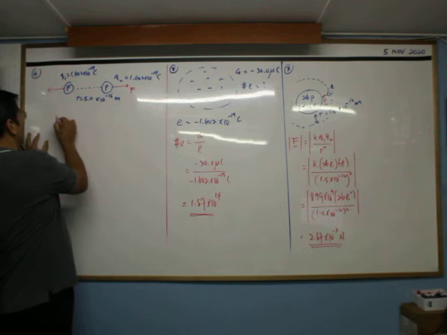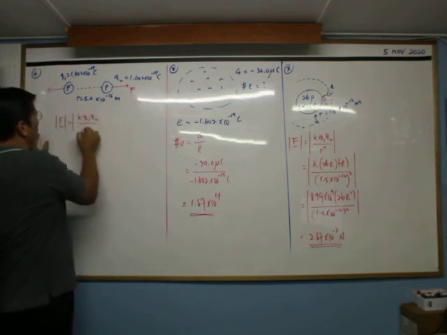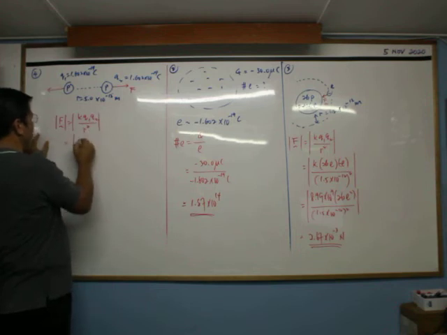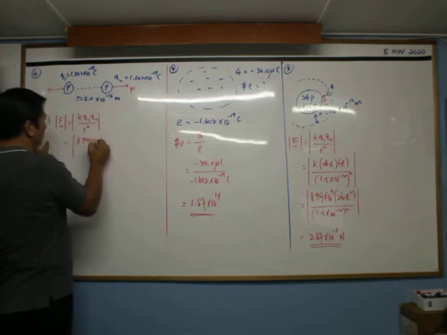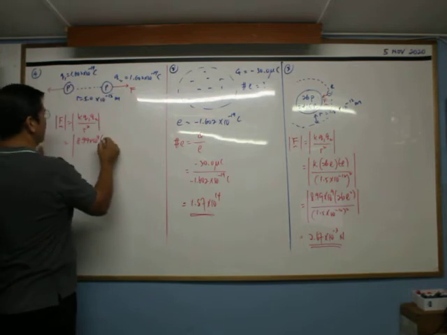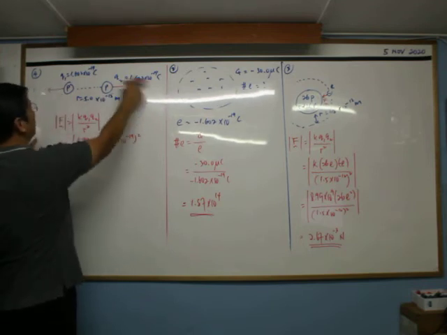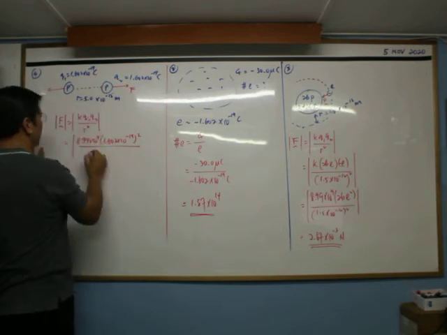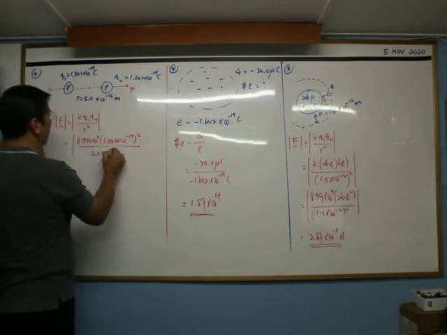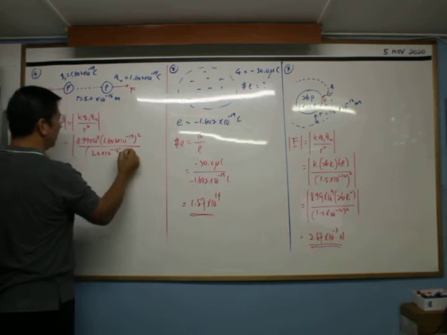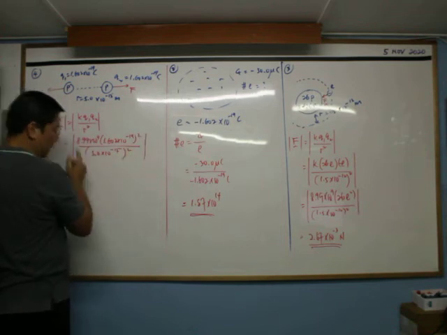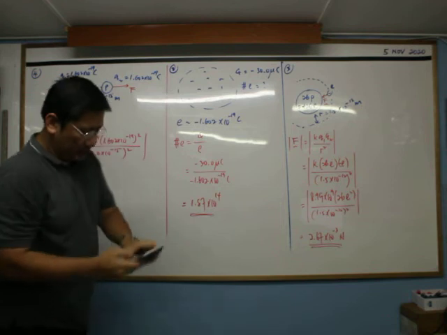So the formula for the force is K Q1 Q2 over R squared. Right? Since the charges are the same, we'll just square them. And then divide by the distance 5.0 10 to the power minus 15, and don't forget to square, and that's the answer.